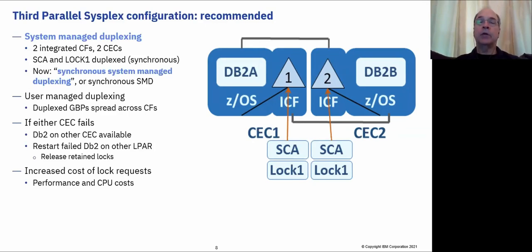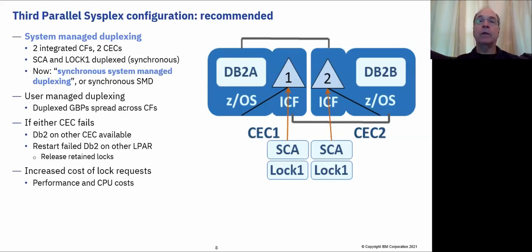It's expensive in terms of application performance, but it's even more noticeable in terms of the CPU cost of the host CPs that are running z/OS, all the CPs that are running z/OS in both of these environments. So that cost kept some customers from exploiting this.